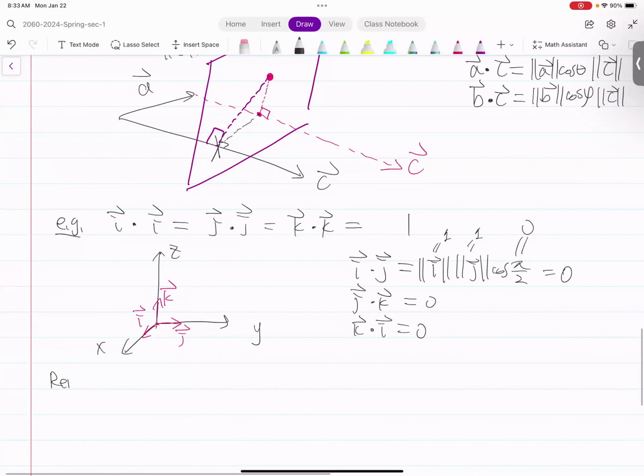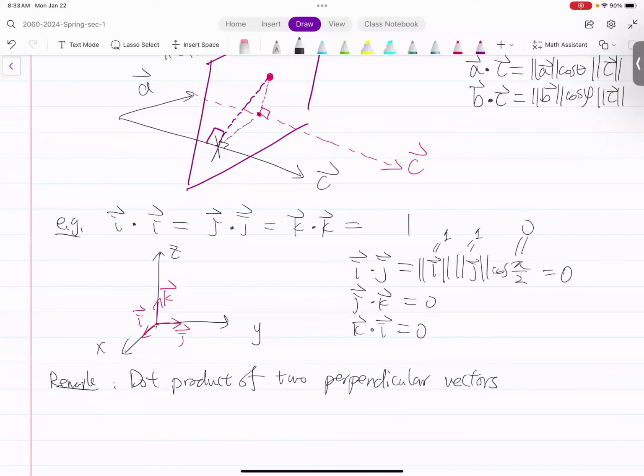Remark. The dot product of two perpendicular vectors is 0.